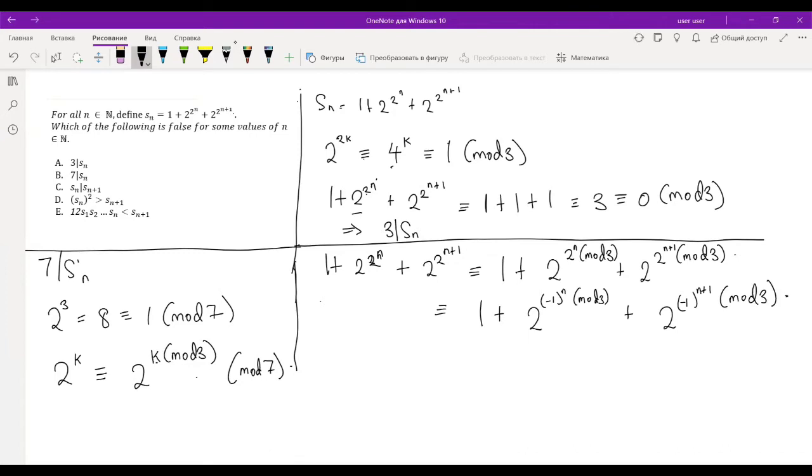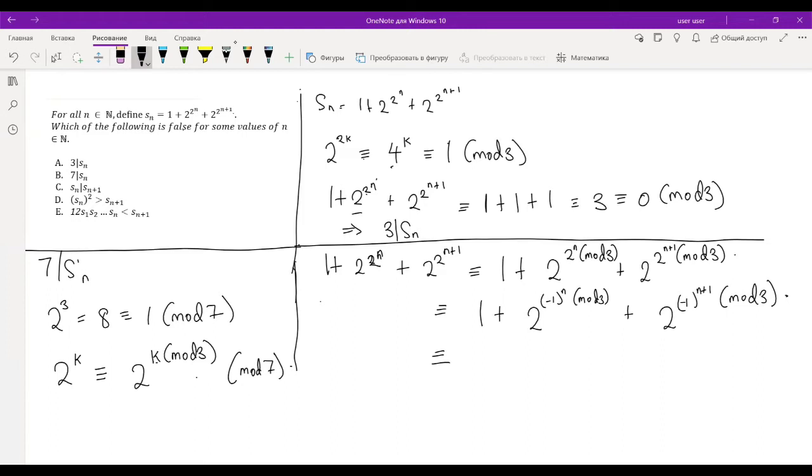So now, look at this properly. If n is odd, one of these will be 1 and the other one will be minus 1, which you can change to 2, because minus 1 mod 3 is 2 mod 3. And if n is even, one will also be 1 and the other one will be minus 1, which you can also change to 2, because minus 1 mod 3 is equal to 2 mod 3.